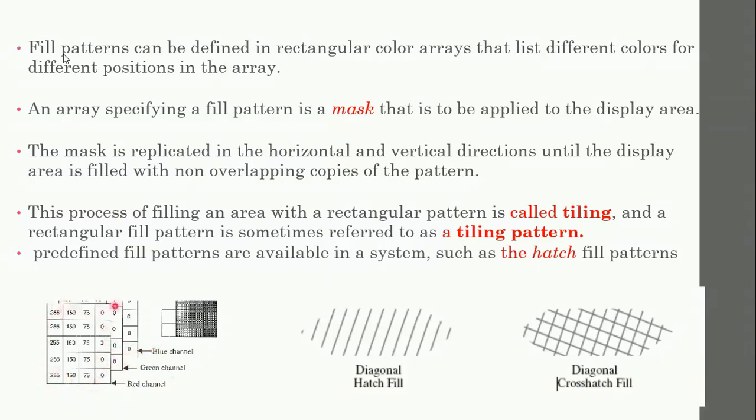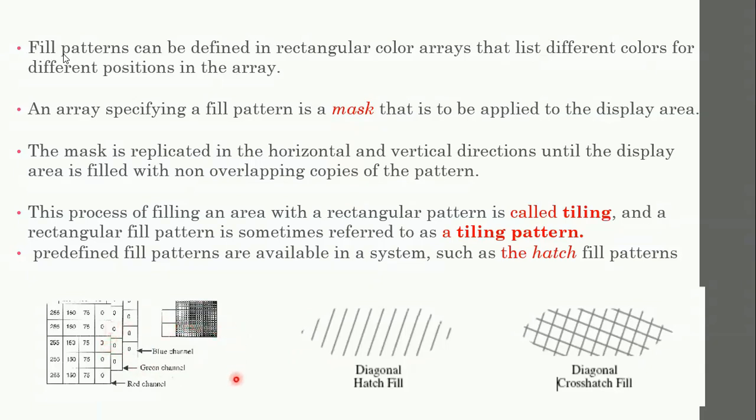The rectangular array is a pattern which gives you the color values. An array specifying the fill pattern is a mask that has to be applied to the display area. The mask is replicated in the horizontal or vertical direction until the display area is filled with non-overlapping copies of the pattern.